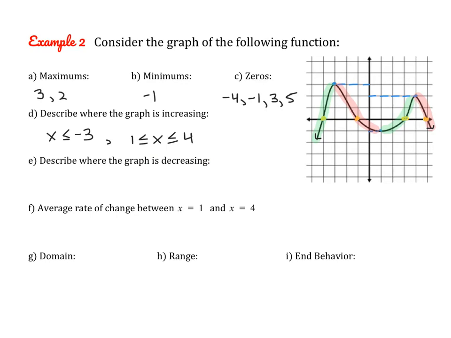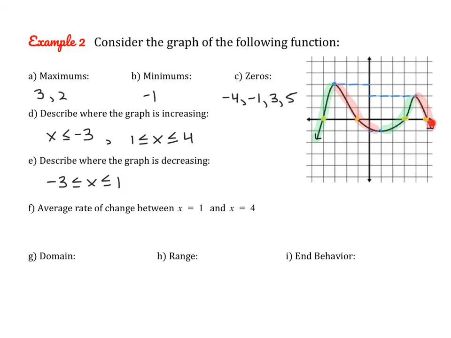Now let's see if we can do the same for decreasing. I see that we're decreasing from here to here, which on my x-axis is from -3 to 1. That's our first region. Since it's bound on both sides, we can write it like this: -3 is less than or equal to x is less than or equal to 1. So between -3 and 1.